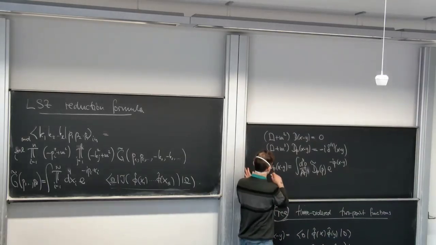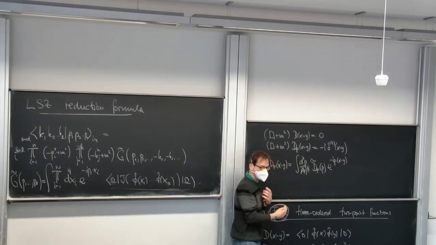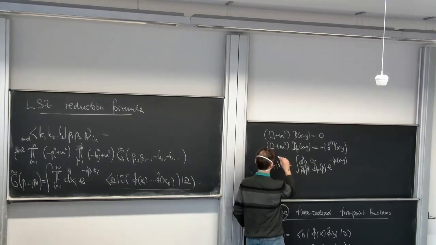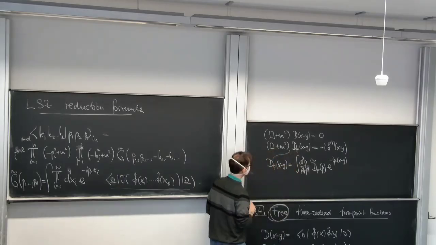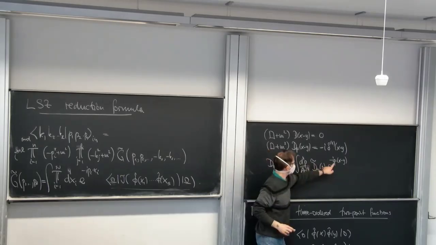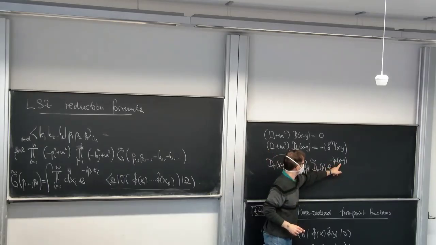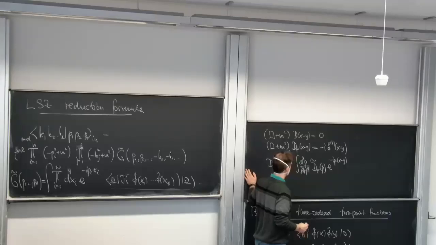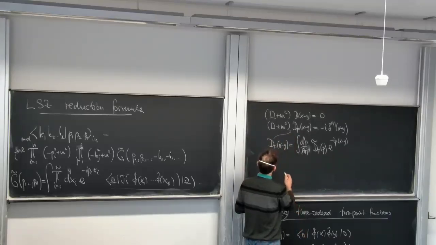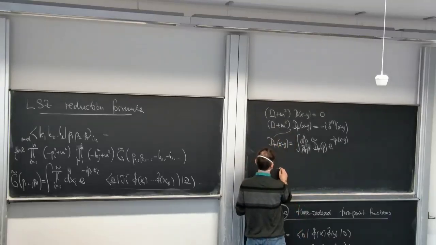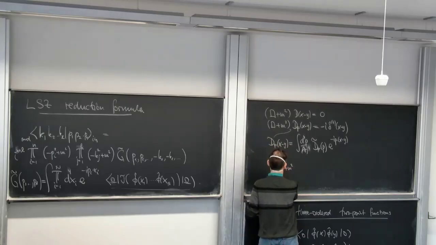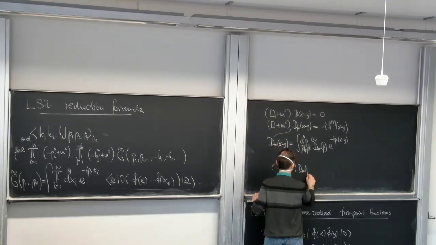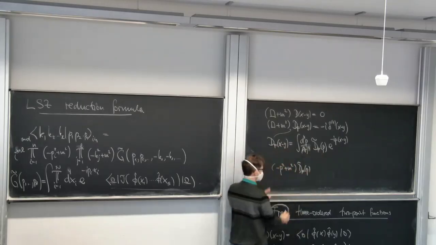If I insert it here, the derivative really brings down a minus i p, so we get minus p squared plus m squared times D_F tilde of p, all under the integral sign.